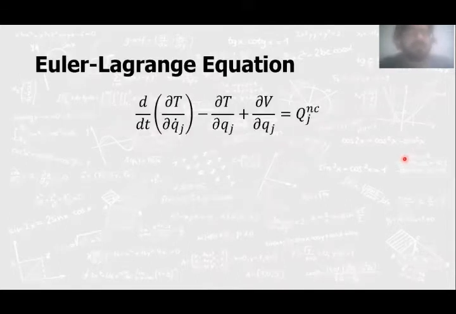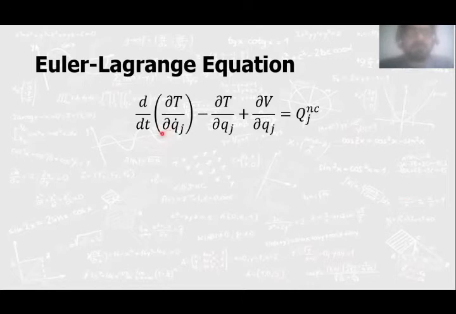This is the Euler Lagrange equation, a beautiful equation. It is a second order partial differential equation that has three elements on the left side of the equation and one element or term on the right side.